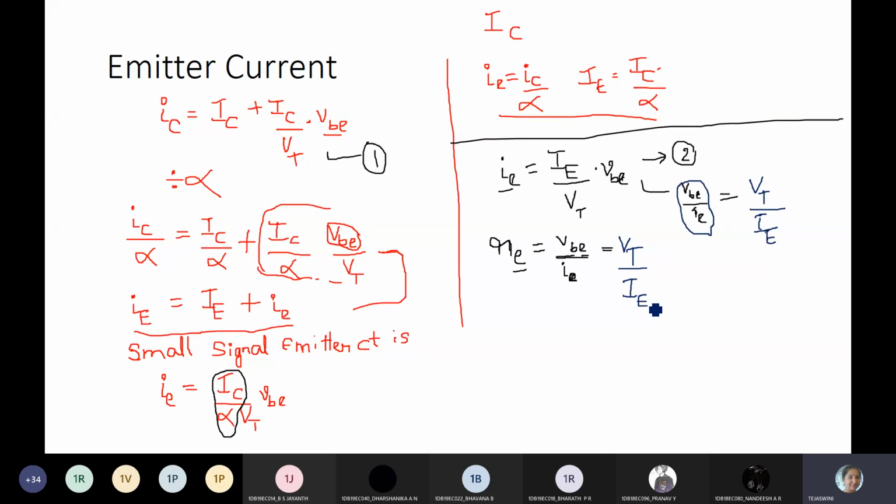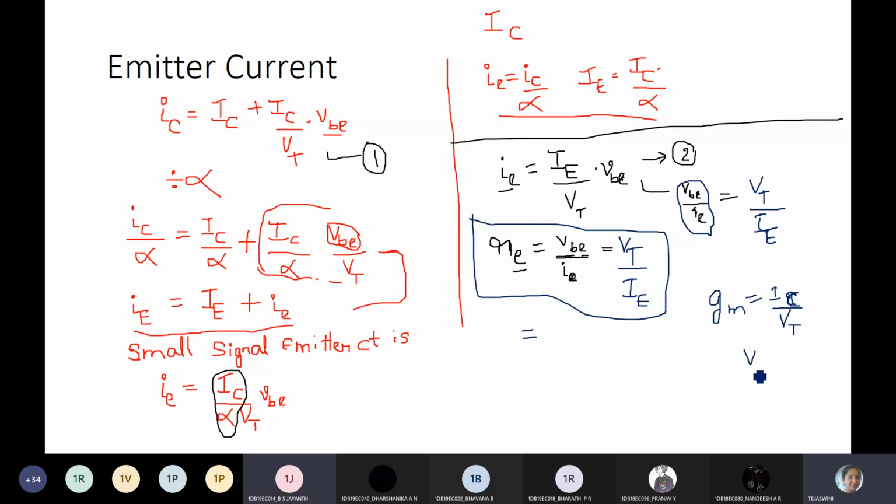Now, this is one expression for emitter resistance. We can have one more alternate formula, so let me know what gm is. IC by VT, very good. It is capital IC by VT. From this, what is VT?